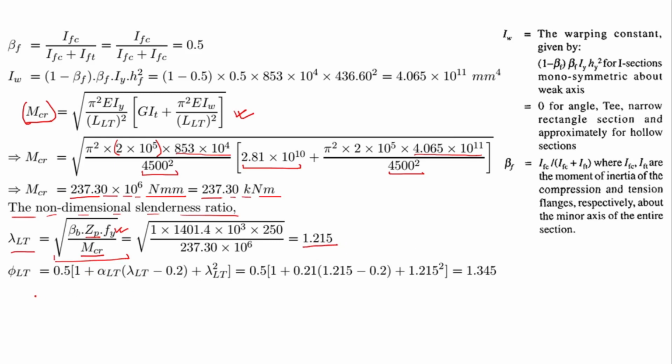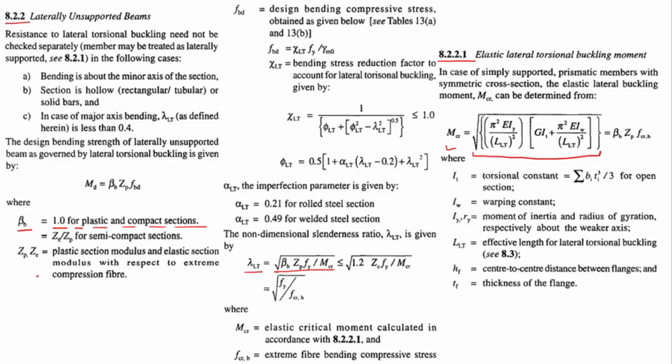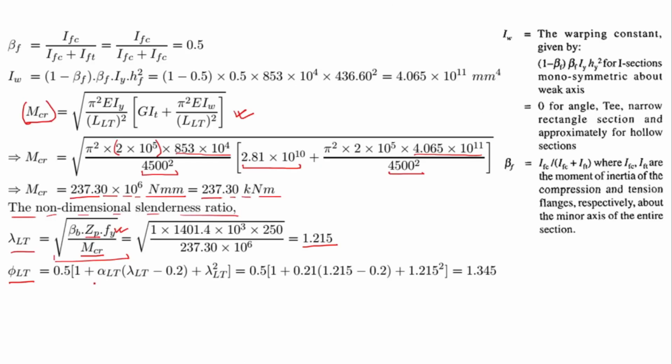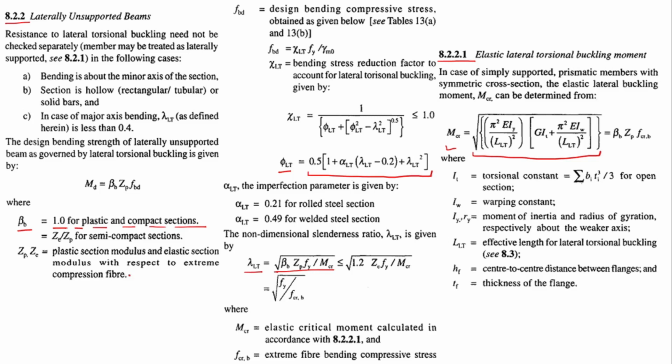Then I have to calculate phi LT. Under the clause 8.2.2, the expression for phi LT is given. We shall use this formula and then we shall put the corresponding values. Here alpha LT, if you see the code, alpha LT is 0.21 for roll steel section.